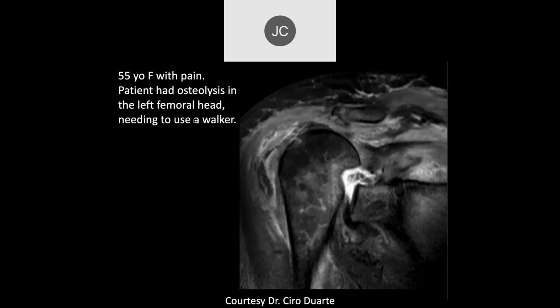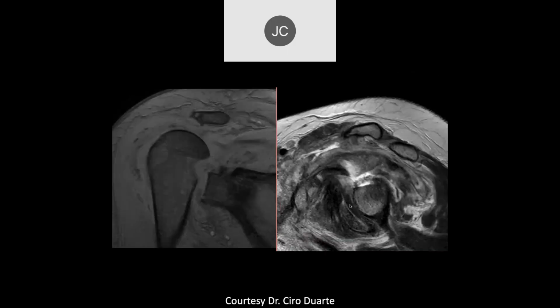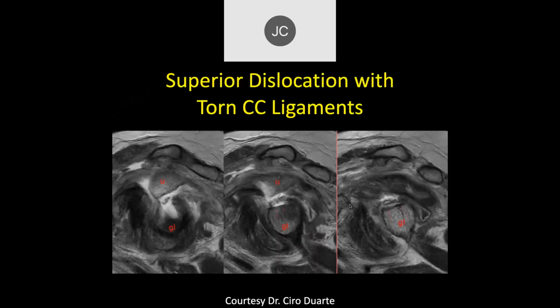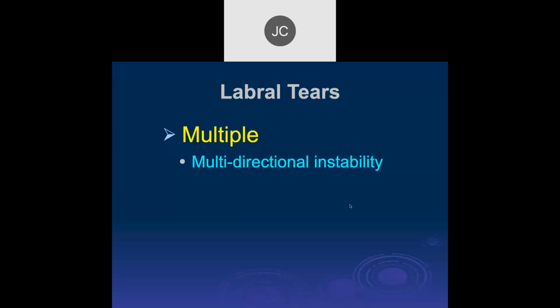I remember this patient had to use a walker, and the constant repetitive trauma in a very unstable shoulder, because his muscles are very weak, just led to a repetitive impaction between the glenoid and the humeral head. So if you don't have muscle strength, you shouldn't be using a walker. Not a very functional shoulder.